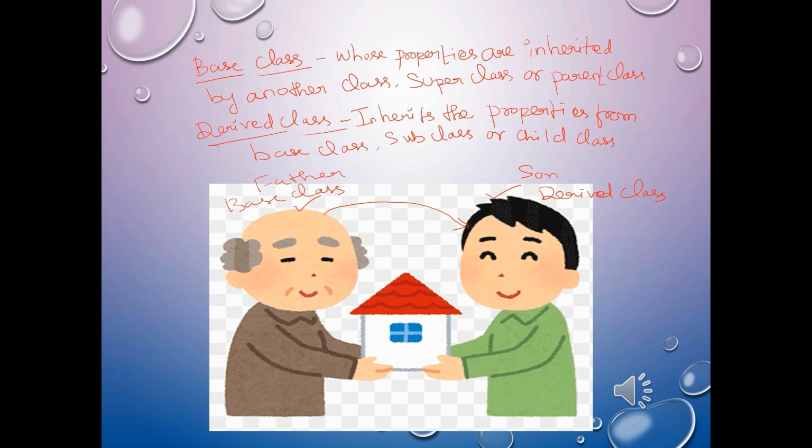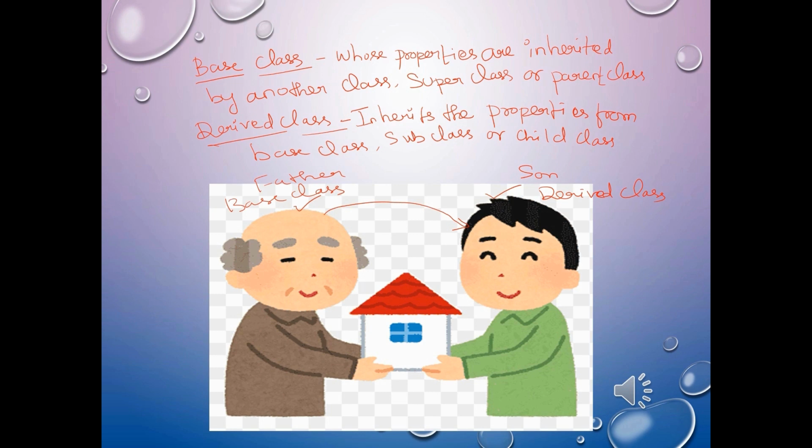He is giving his house to his son. The son is also having his own house, and he is also using his father's property. This is about base class and derived class. Always base class properties will be inherited by derived class. Derived class will inherit the properties of base class.